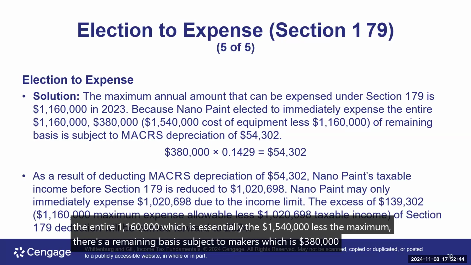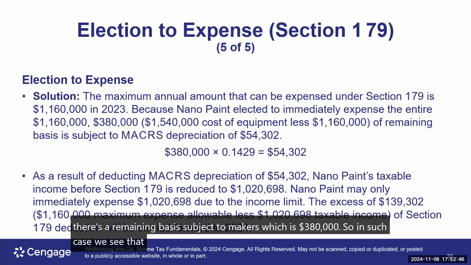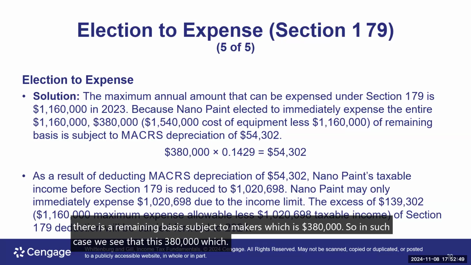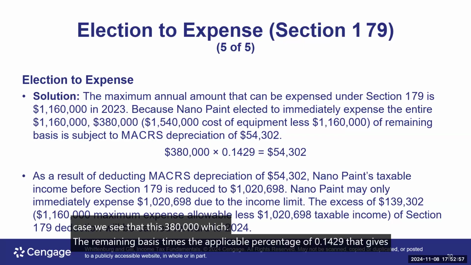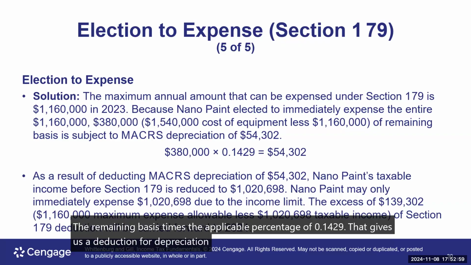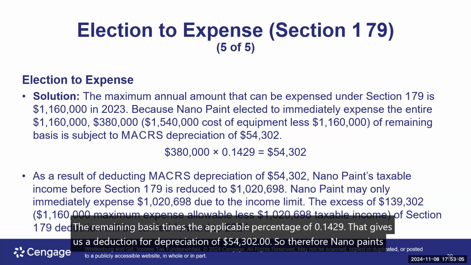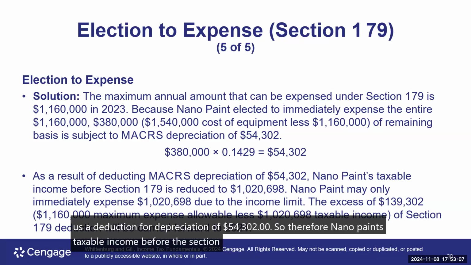This $380,000 times the applicable percentage of 0.1429 gives us a deduction for depreciation of $54,302.